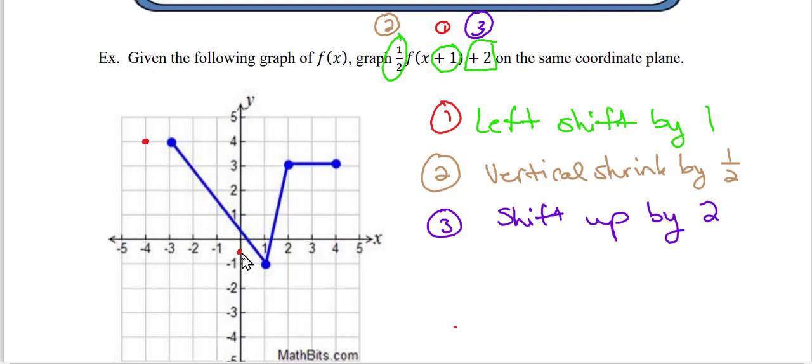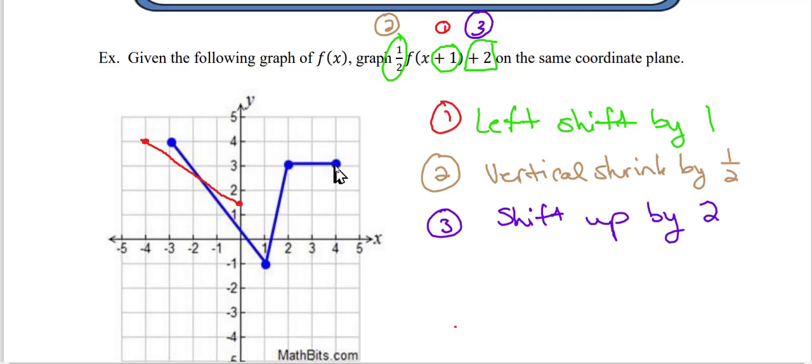So that takes us to -1/2 on the y value. Now I need to shift up 2 spaces. 1, 2 spaces. It's actually going to be here. Let me erase this one. This was sort of an intermediate step. And I'm going to connect those 2 dots with a line. That represents the line connecting -3, 4 and 1, -1.